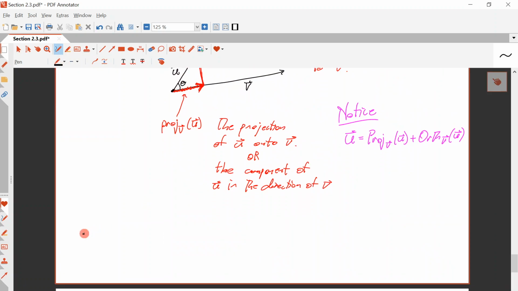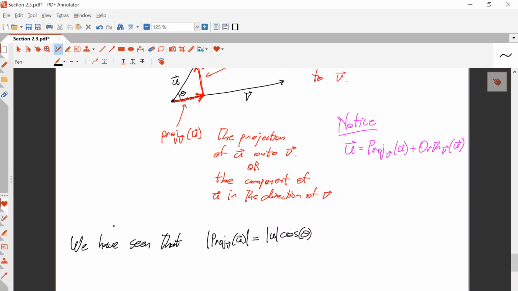Well, we have already seen that the length of the projection onto v of u is equal to length u cosine theta. So that's what the length of that projection is supposed to be, just from some trigonometry.